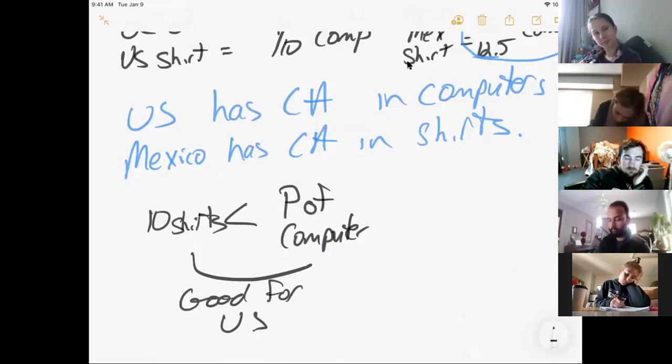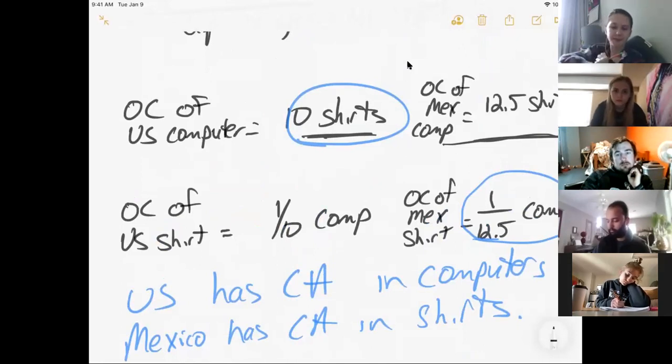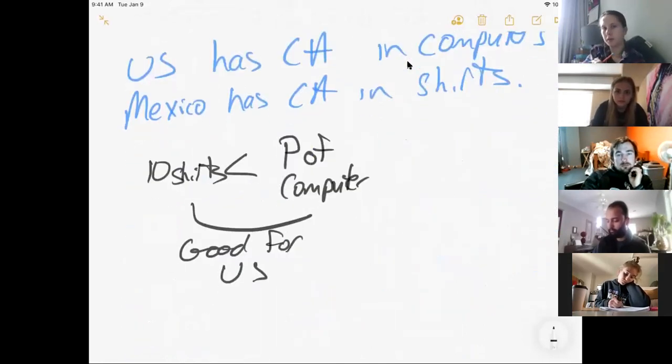What about Mexico? Mexico's going to buy computers. They can make it themselves for 12.5 shirts. So what price will be beneficial for them? Any price that's less than 12.5 shirts.